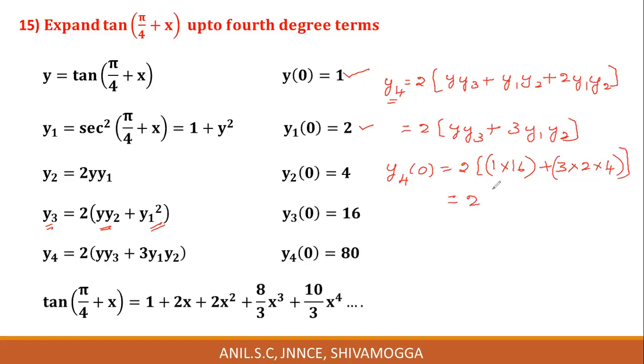Therefore, this is equal to 2 into 1 into 16 is 16, plus 3 into 2, 6. 6 into 4 is 24. Therefore, this is equal to 2 into 16 plus 24 is 40. 2 into 40 is 80. Now write the series. Write Maclaurin's series up to 4th degree.